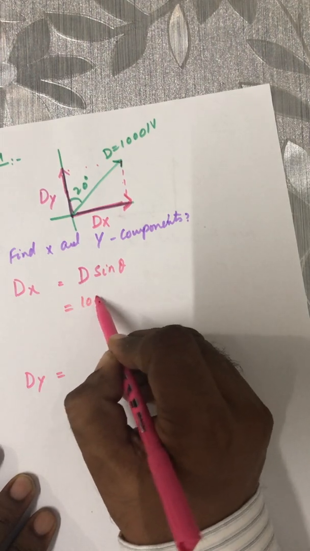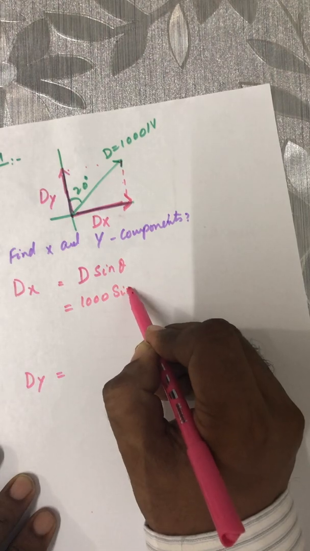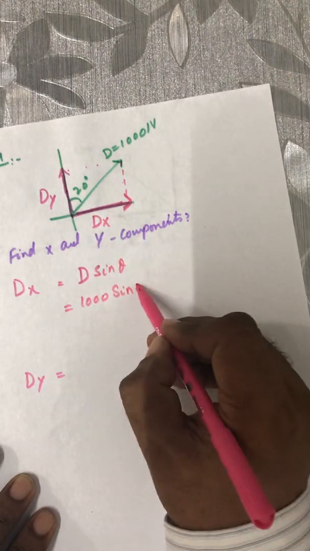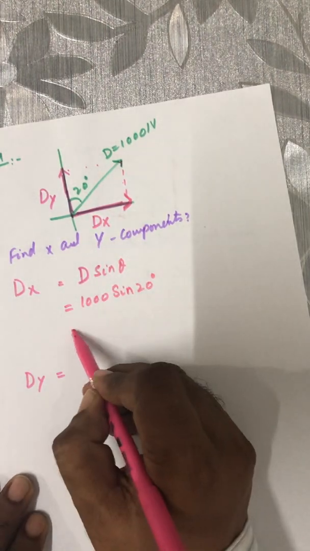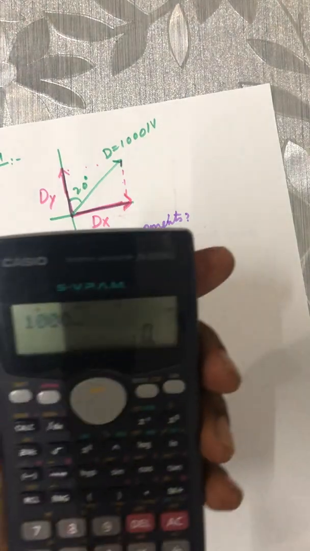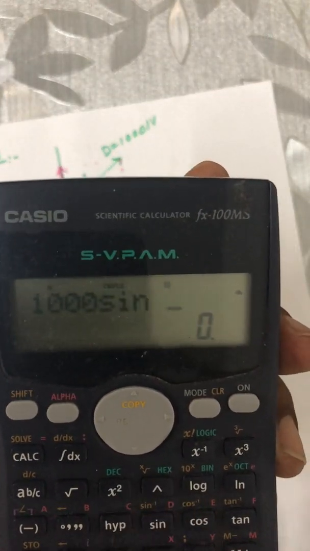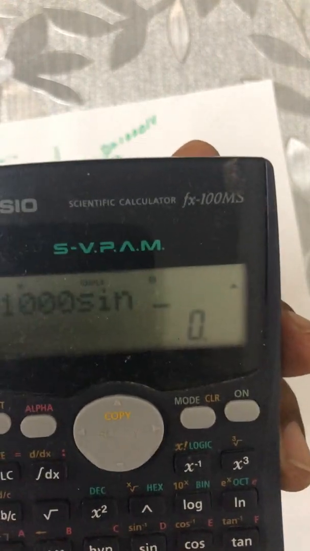D is 1000, sine theta, like sine of 20 degrees. So 1000 sine 20. Use the calculator. You will write it like this: 1000 sine 20.